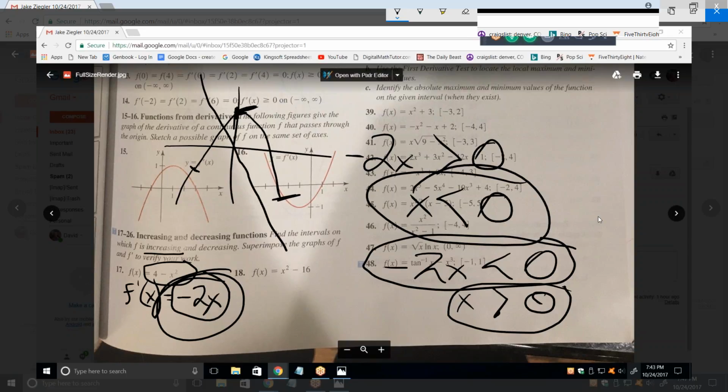So there's the equation of the first derivative. That's f prime of x. That's f of x. And if you look at it precisely, we can tell that when f of x is increasing, the first derivative is in positive territory. When f of x is decreasing, the first derivative is in negative territory.